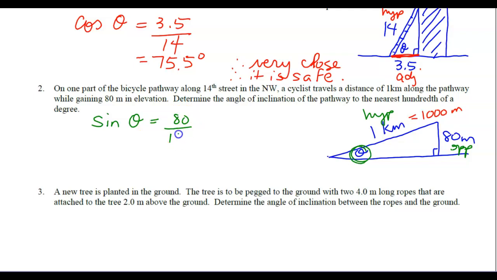Okay, remember that's not your final answer. You're trying to find the angle, so you don't have to reduce it. So now your angle is inverse sine of 80 over 1,000.